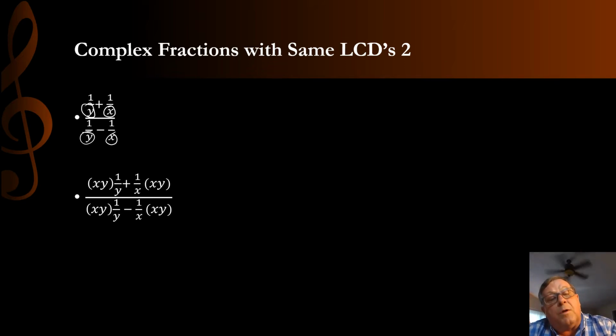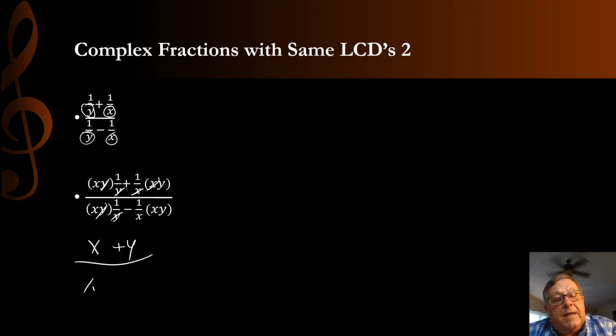So xy times 1 over y, the y's cancel. 1 times x is x. Then we got plus 1 over x times xy. Our x's cancel out, and positive 1 times y is just y. That's our numerator. And then our denominator, xy times 1 over y, our y's cancel. x times 1 is x.